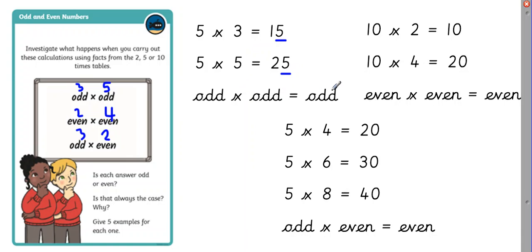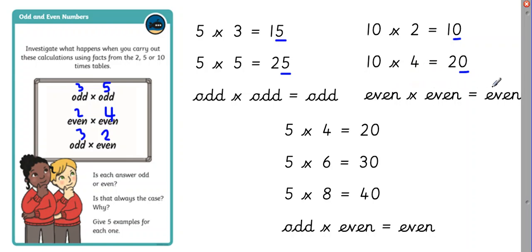For your second one, you've got 10 times by 2, which is 10. Okay, so it ends in a 0, therefore it is even. And 10 times by 4 is 20, and again it ends in a 0, so it's even.